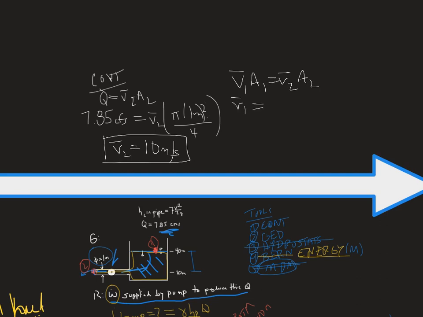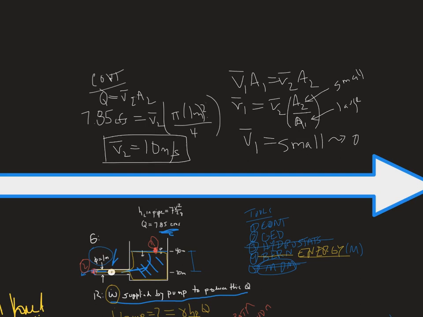V1 is going to equal V2 times A2 over A1. We'll notice that A2 is small relative to A1, large. When this happens, V1 ends up being small, approaching 0.